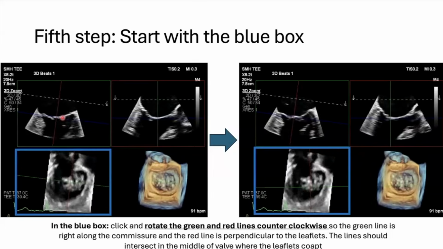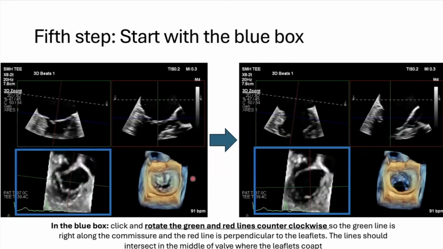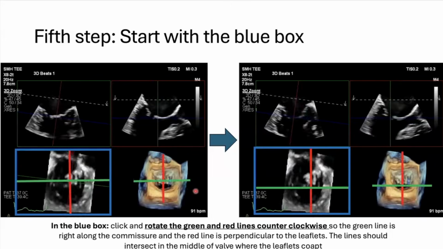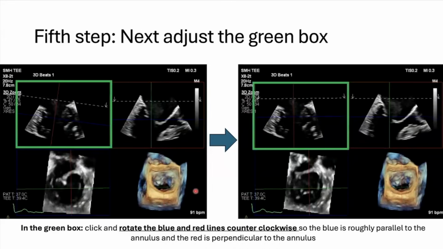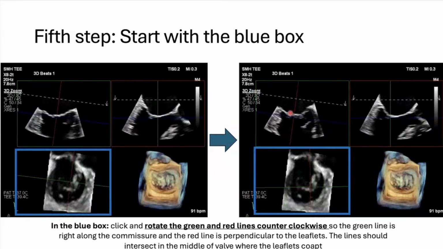And that's why our bicom image doesn't look good. We're actually cutting through the anterior leaflet here. In order to fix that, it requires a little bit of countering and then a little bit of translation. And so now this green line is lined up parallel to the commissural plane, and the red line is perpendicular, and that will make this bicom image better.